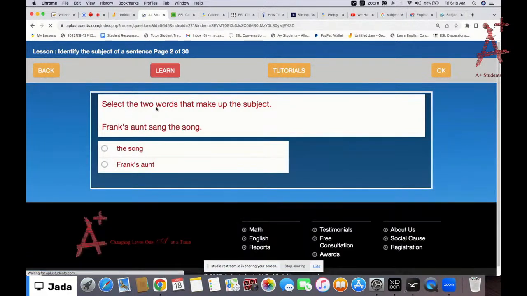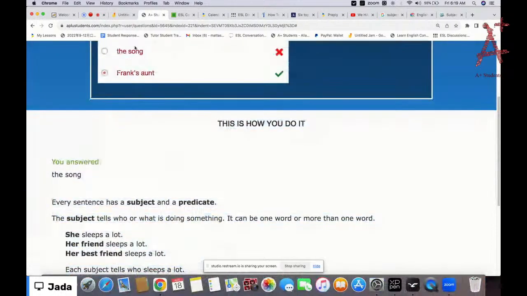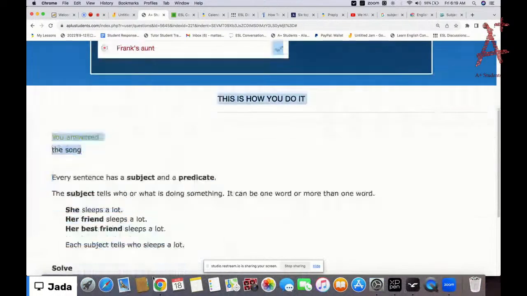Select two words that make up the subject. Frank's aunt sang the song. So now you need to select the words that make up the subject. And what if you click on the song, right? And then you see that, oh, the song is wrong. Okay, so whenever you click on something and it goes wrong, all you need to do is scroll down.